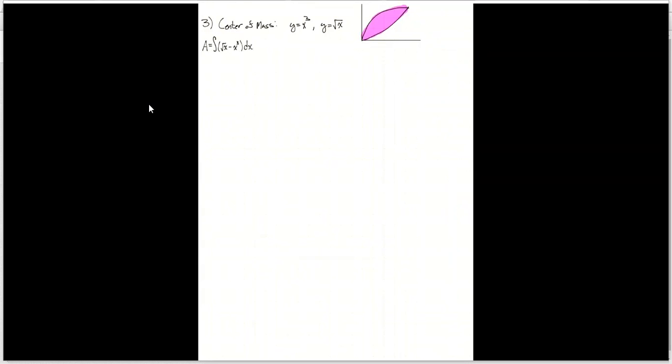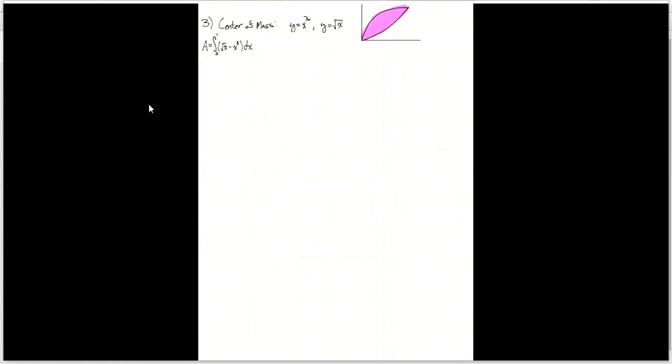dx. For the bounds, you can see that if we set x cubed equal to the square root of x, the first one that should really jump out at you is 0, right? And that's actually the lower bound here. And you also notice that 1 is a really nice thing for polynomials. So 1 cubed is 1, and the square root of 1 is 1.